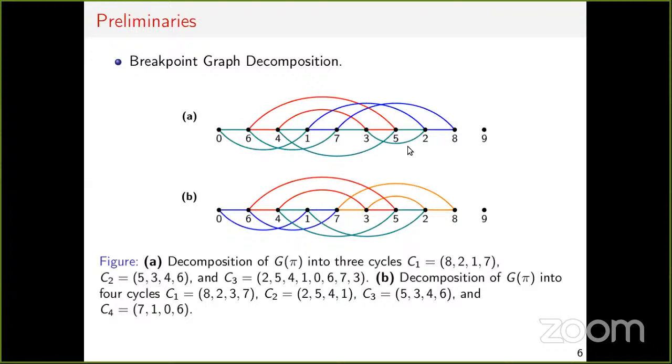In this example, we have two solutions. In this first solution, considering the edges of each color as a different cycle, we have a solution with 3 cycles. In this other example, we have a solution with 4 cycles, which is optimal for this graph.